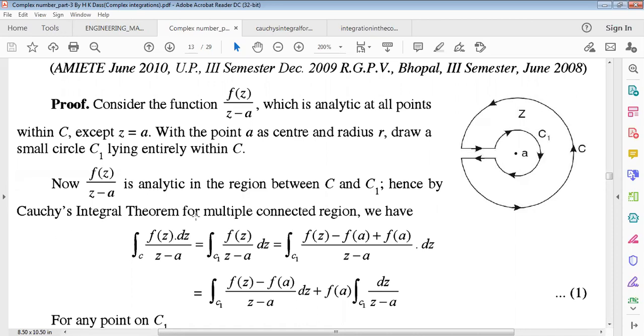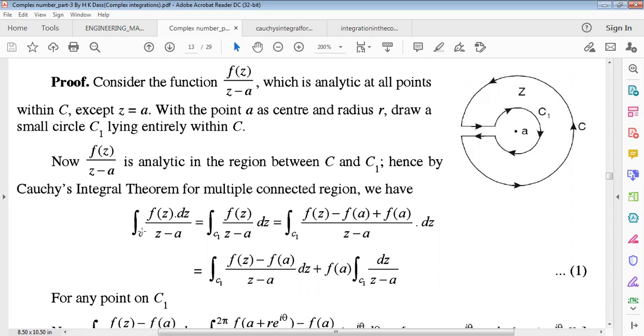Hence, by Cauchy's integral theorem, which we have already discussed in our previous lecture, for a multiply connected region the contour integration over circle C of f of z divided by z minus a dz equals the integration over the other circle C1, because these are independent paths. Independent path properties. So f of z can be written as f of z minus f of a plus f of a.